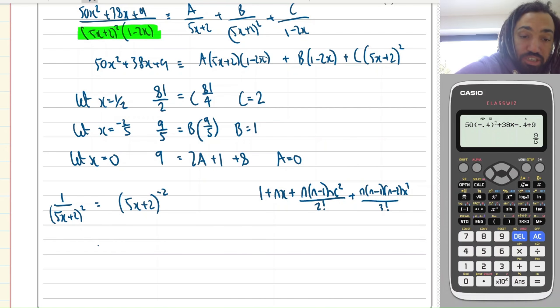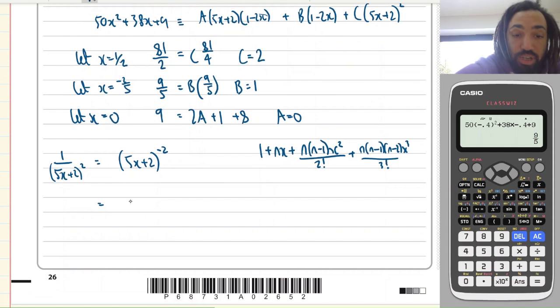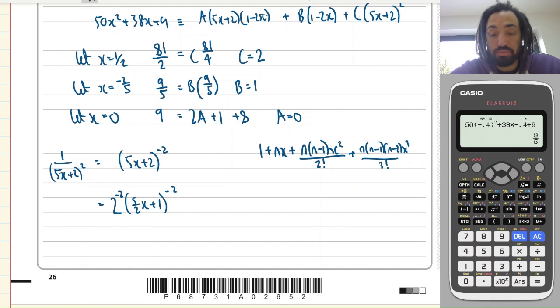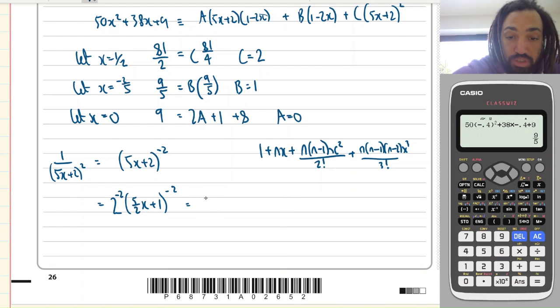Whenever I use the binomial expansion, I need the constant term to be 1, so I'm going to divide through by 2. So I get 5 over 2x plus 1. And when I take out a factor of 2, I also need to take out the power with it. So it's 2 to the minus 2. Okay, so what is this equal to? Well, I've got 2 to the minus 2 is a quarter. I've got 1.